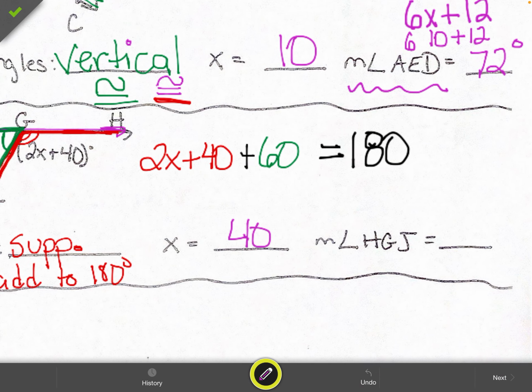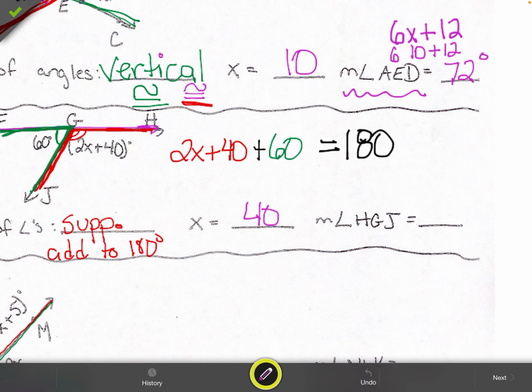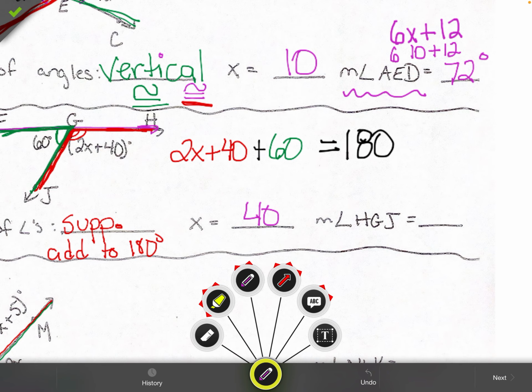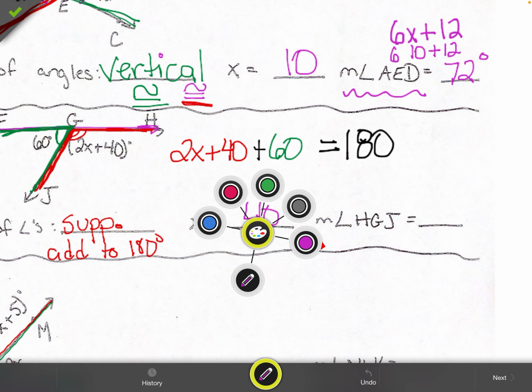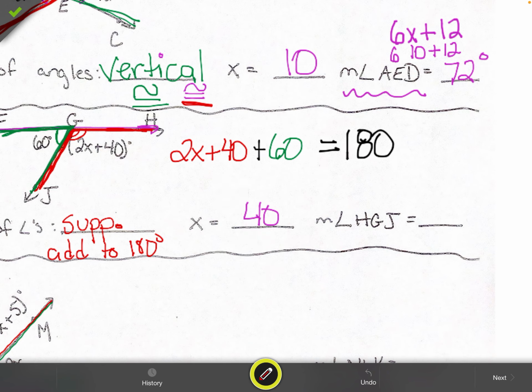Now again, they want an angle. They want the measure of HGJ. So I come over here and I try to find HGJ. Okay, and if I look, H to G to J is this angle right here, which is 2x plus 40. So I write that down first.